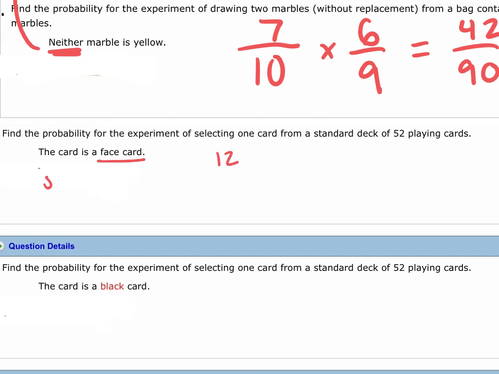Because face cards are Jack, Queen, and King, and there's Jack, Queen, and King in all 4 suits, so it would be 3 times 4, which would be 12. And then how many cards total? 52. And then I can simplify this, divide them by 4. So 3 over 13.